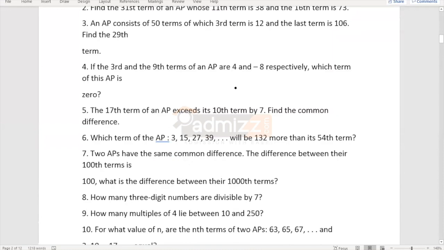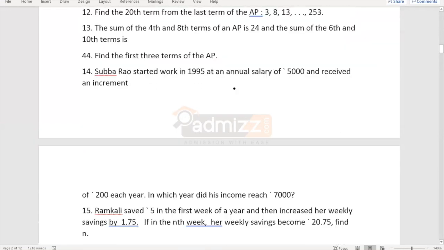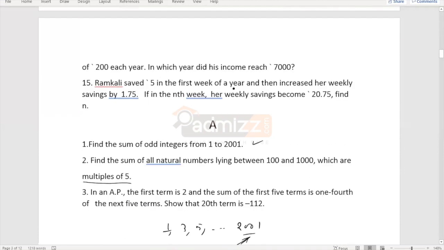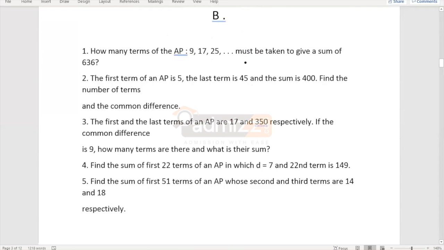You can see here many problems I have given. You can see this example number one: how many terms of the arithmetic progression 9, 17, 25 must be taken to give the sum of 636?